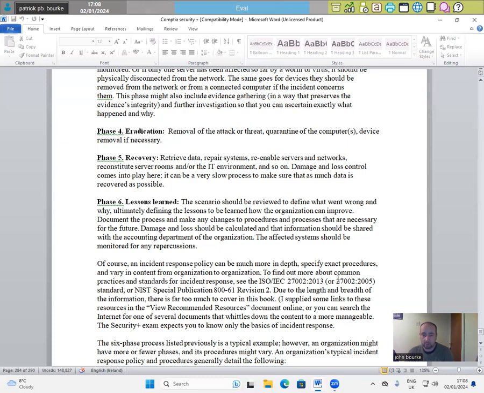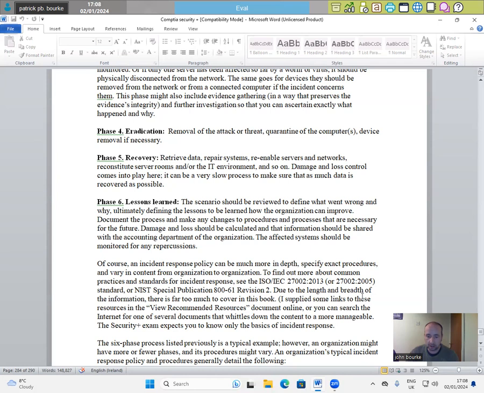To find out more about common practices and standards for incidents, see the ISO/IEC 27002:2013 or 27002:2005 standard, or NIST Special Publication 800-61 Revision 2.